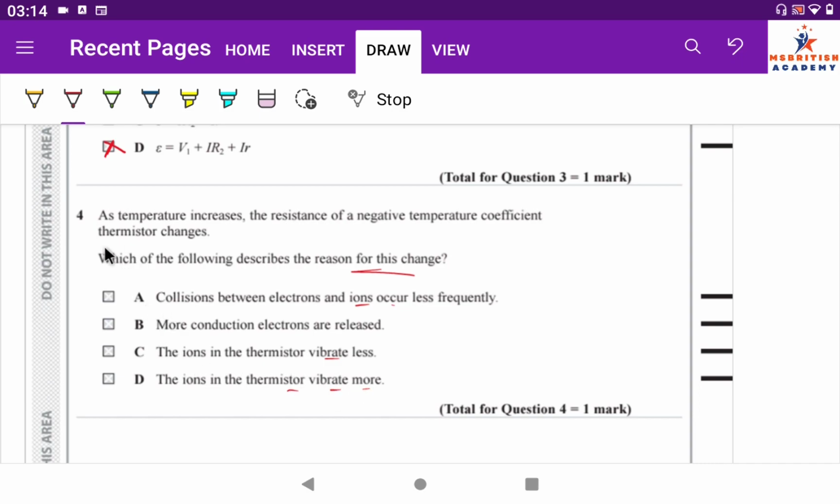First of all, what is a thermistor? Semiconductor. A semiconductor has properties of metals as well as non-metals.